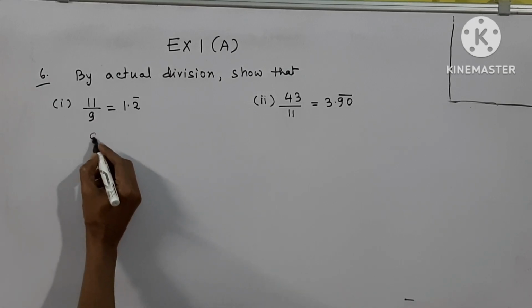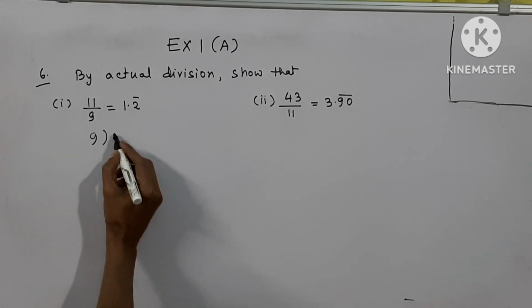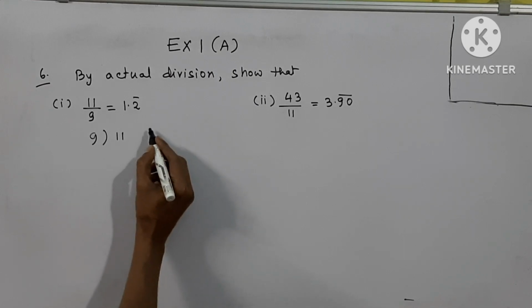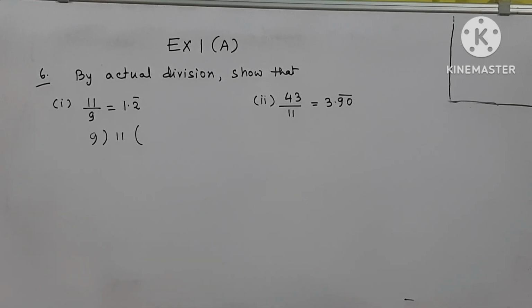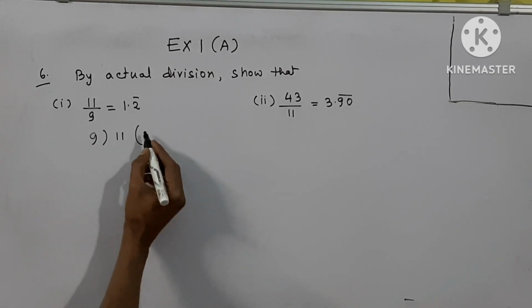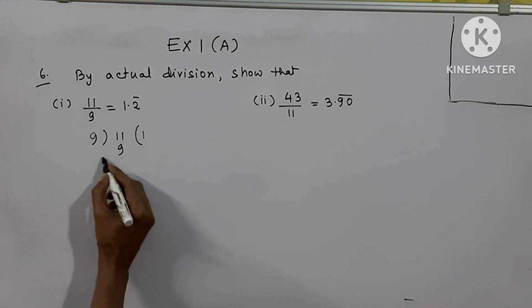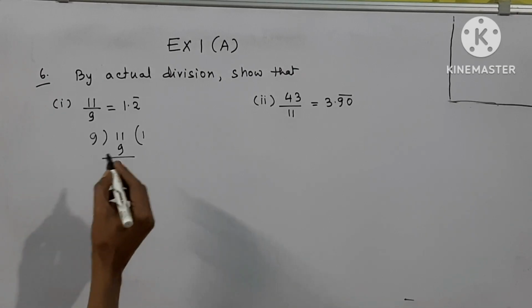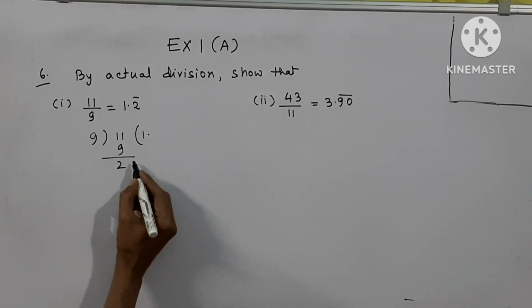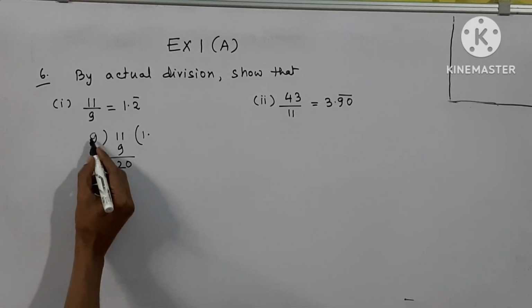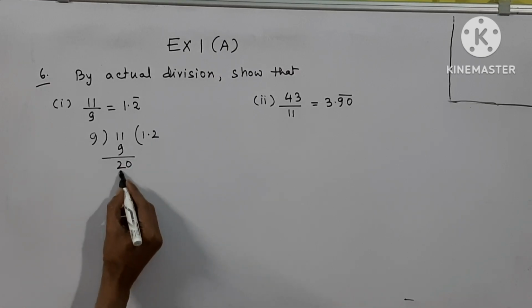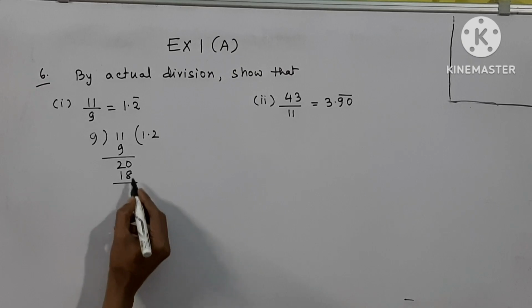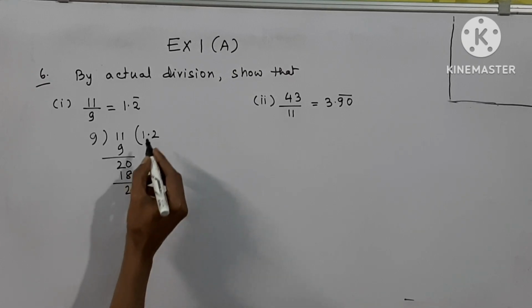11 by 9. You are dividing 11 by 9. So 9 ones are 9. Remainder 2. Now you have to put a decimal and 0. So 9 twos are 18. Remainder 2.